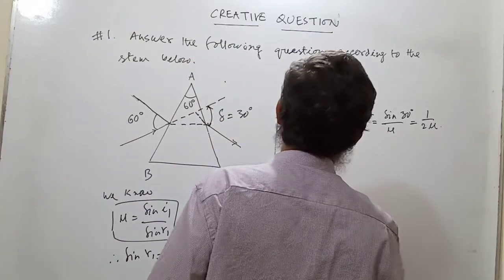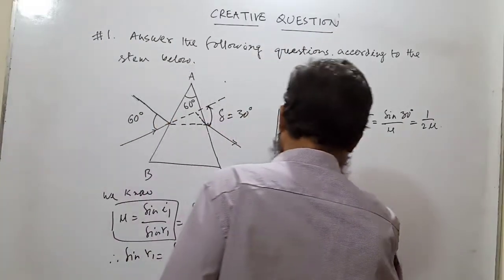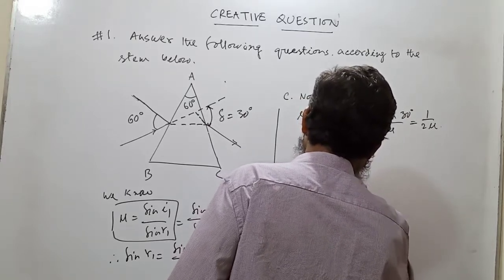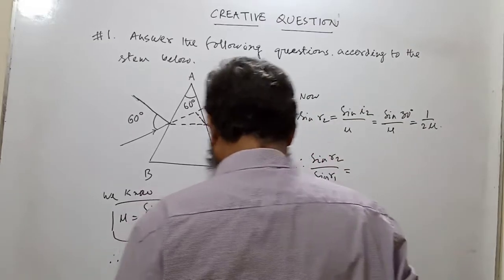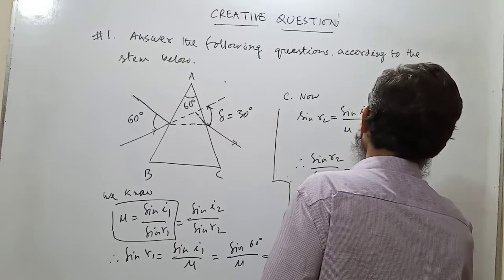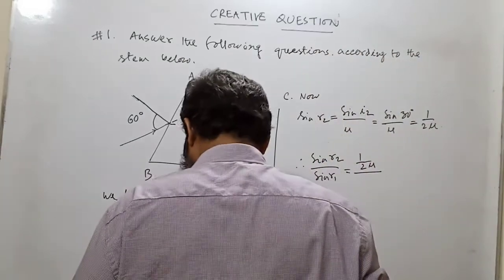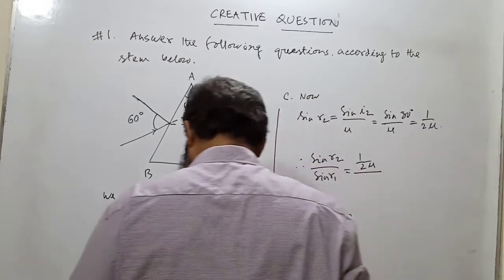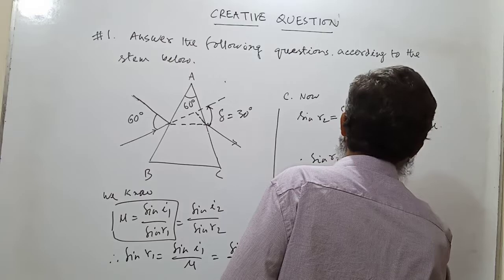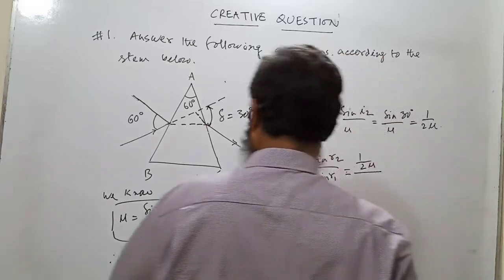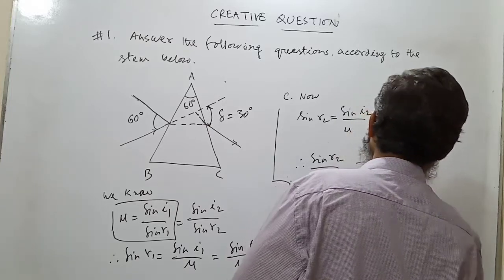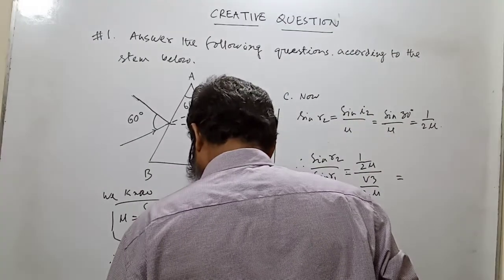Therefore, sin R2 by sin R1 is equal to 1 by 2 mu by root 3 by 2 mu, is equal to 1 upon root 3.